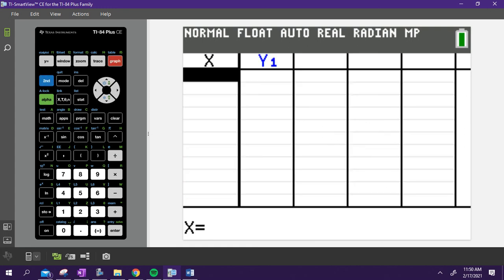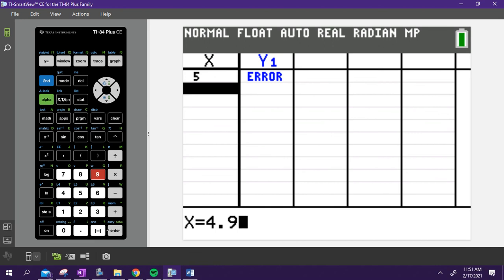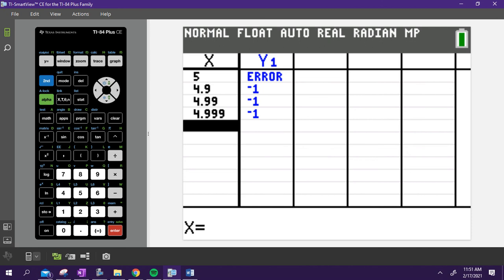What would be the best number to plug in if we're trying to find the limit as x approaches 5? Let's see if we can just plug in 5. Oh no, we can't. Okay, we tried. It didn't work. So now I need to plug in numbers below and above it. What's a number below 5? 4.9, 4.99, 4.999. I get -1.